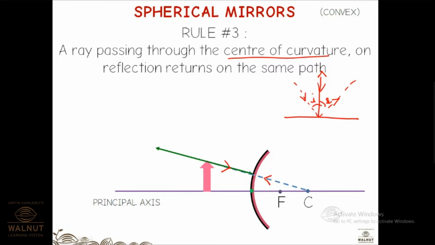Why? Because here the angle of incidence is 0, or we can say the incident ray coincides with that of normal. So if this is a normal, we can say that the incident ray is passing through the normal only. So the reflected ray is also passing through normal. So all the rays are coinciding. Aryan, is it clear now? Okay, so this is what happens here.